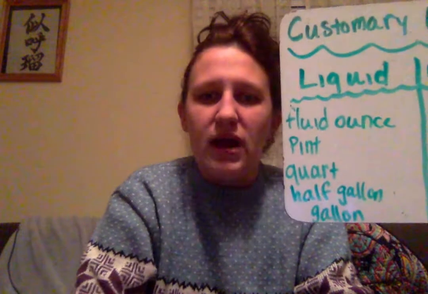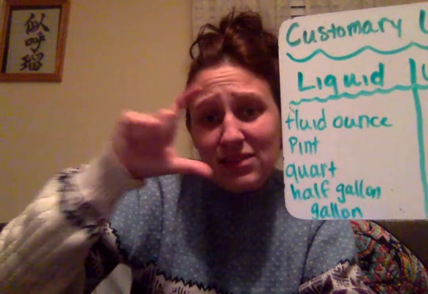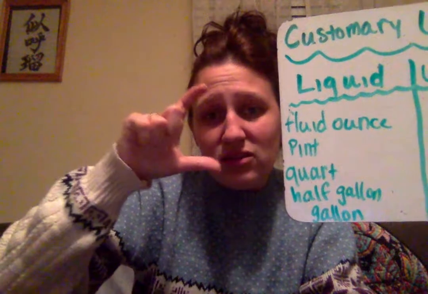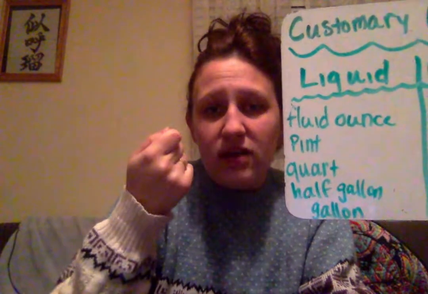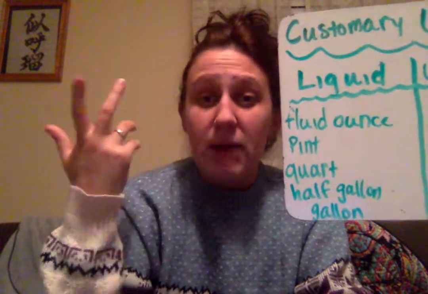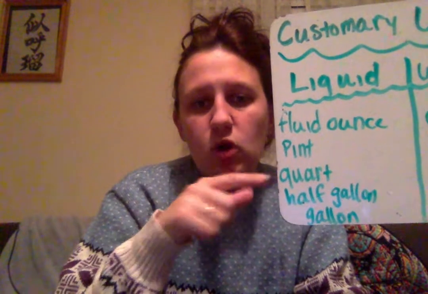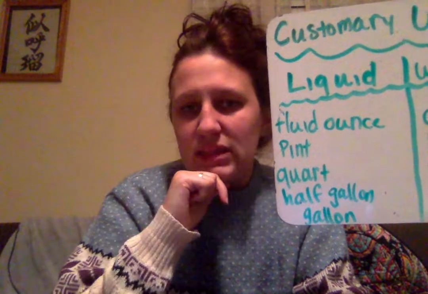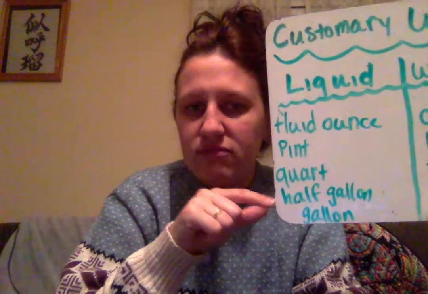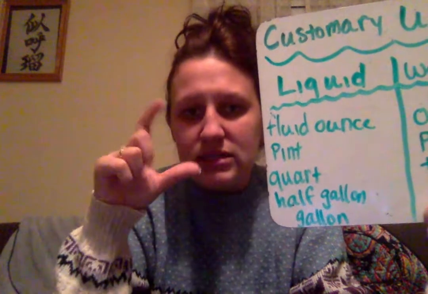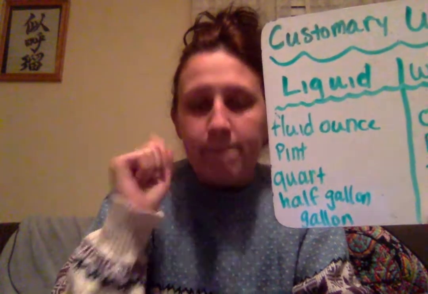Some of it calls for heavy cream, and you get that tiny little baby carton, almost like the ones that you drink out of in school when you get your school milk. That's like a pint of milk. Then you have the quart, somewhere in between. Think of a quart as not quite a half gallon, not quite a little tiny pint, but something in the middle.